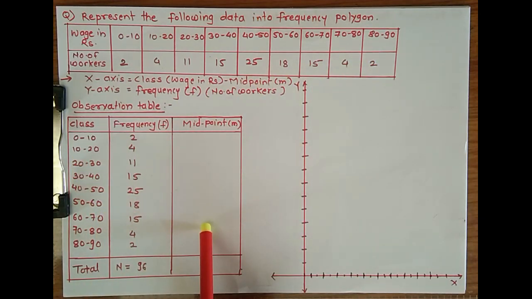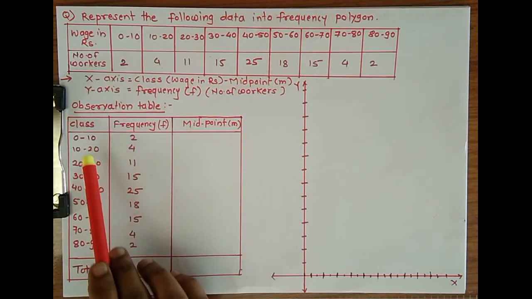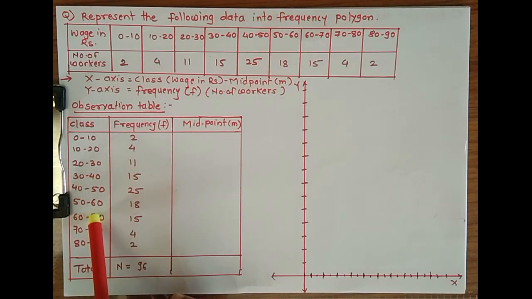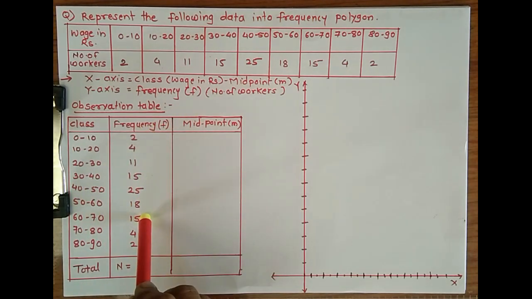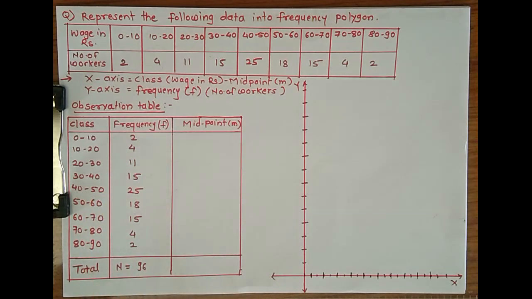Here is the observation table. The table contains the classes which are given, the frequencies, and the addition of frequency, that is capital N, is equal to 96. We have to calculate the midpoint of our classes.